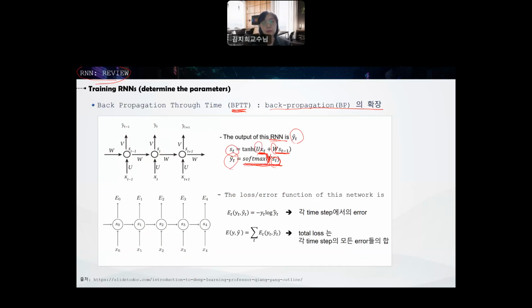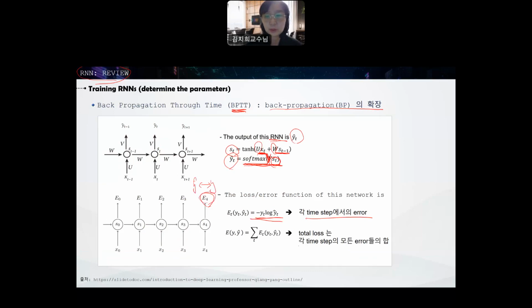One thing we notice is we'll have errors, like there'll be an expected result y hat and the real result y, and we'll have an error. It could be cross-entropy error or some error function, and it's not just one error.